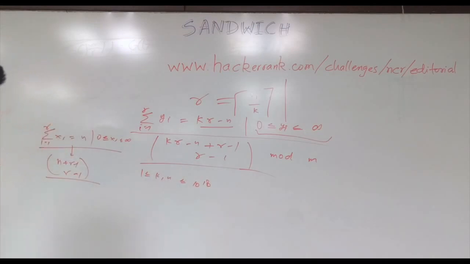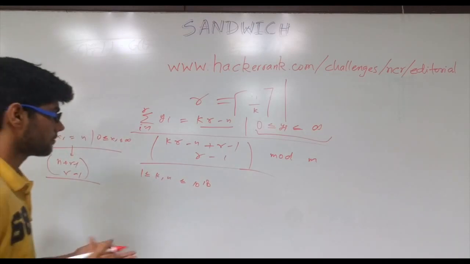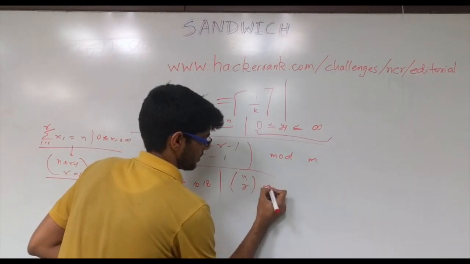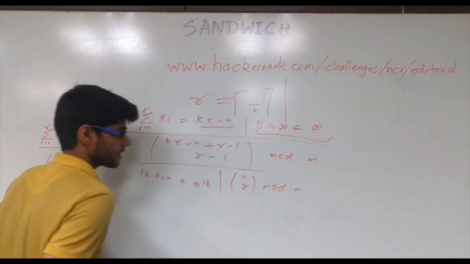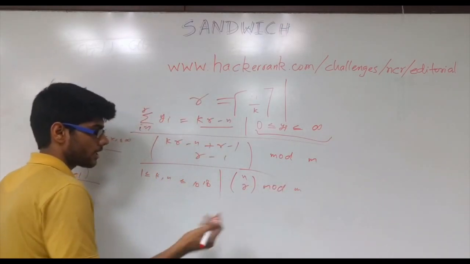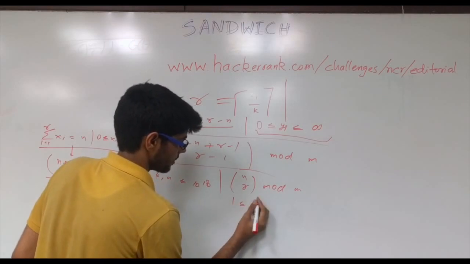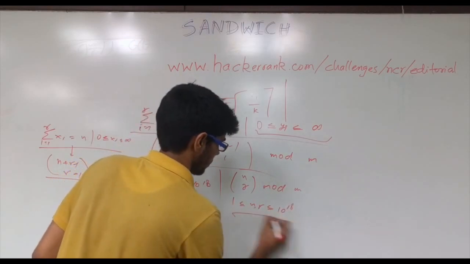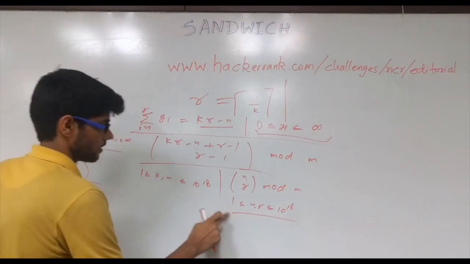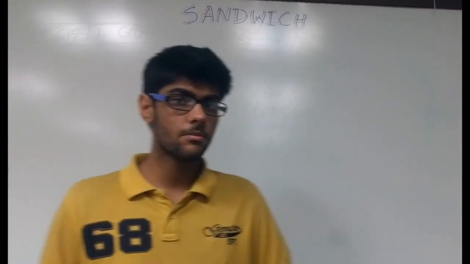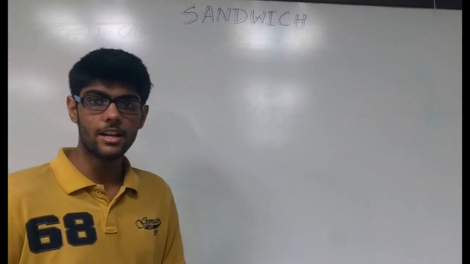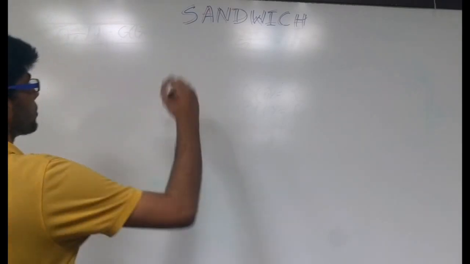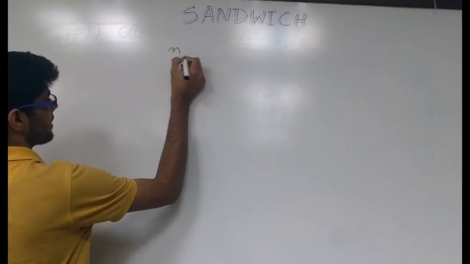So let us try to solve the problem n choose r mod m, where these constraints are of order 10 to the 18. Let us first solve this problem. We are given n and r, and we have to find n choose r modulo p to the e.